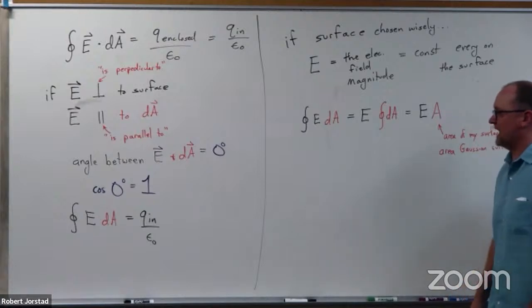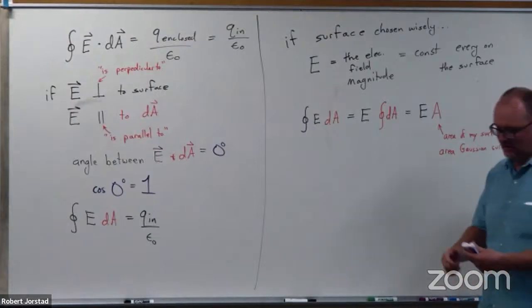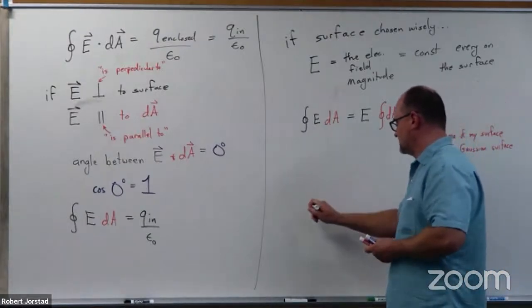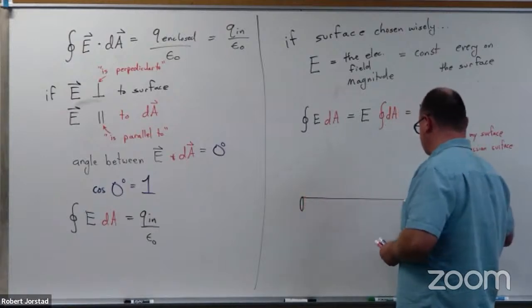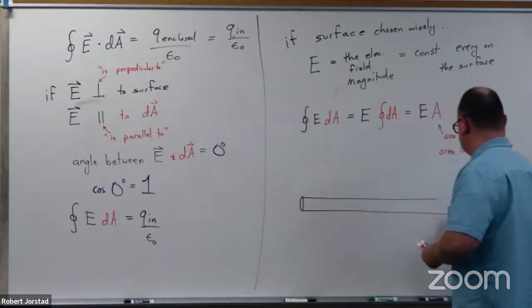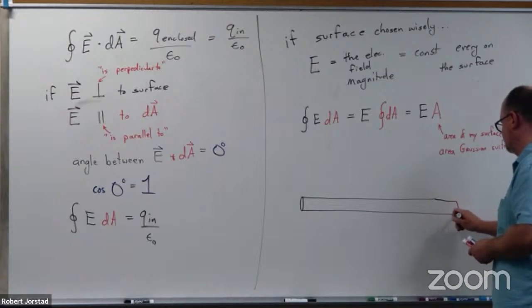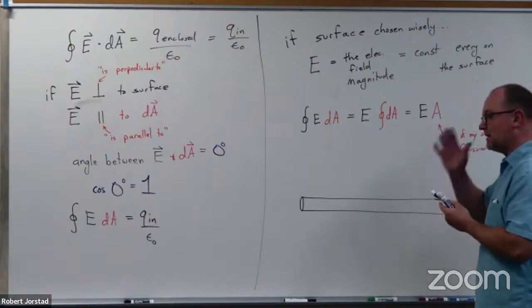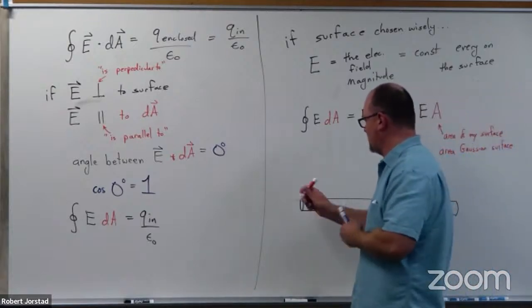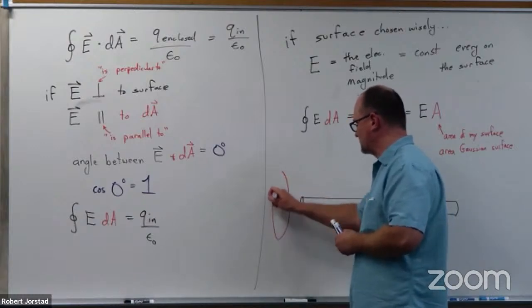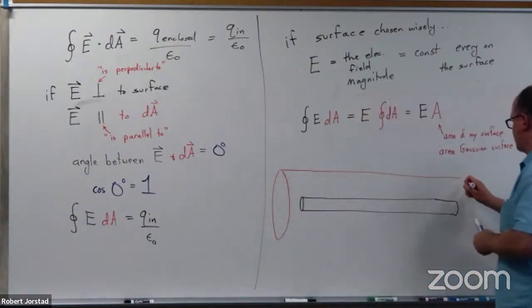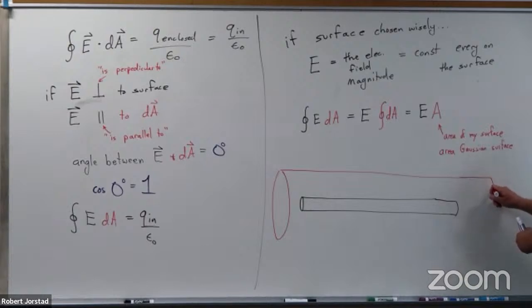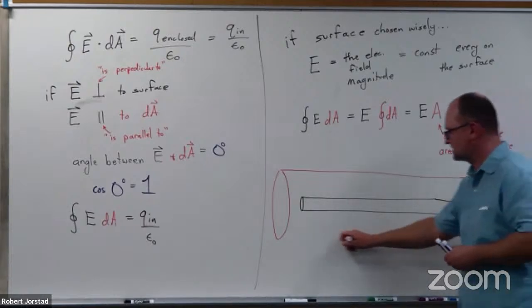Okay? So the idea is, let's say you have some charges here. Maybe you have a cylinder of charge, right? You could draw an imaginary surface in your mind that matches the symmetry of the object. So for a cylindrical object, I think, well, why don't I draw a cylindrical surface?